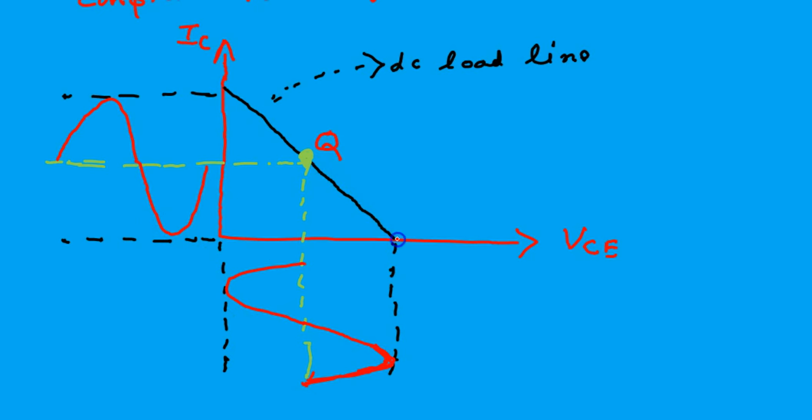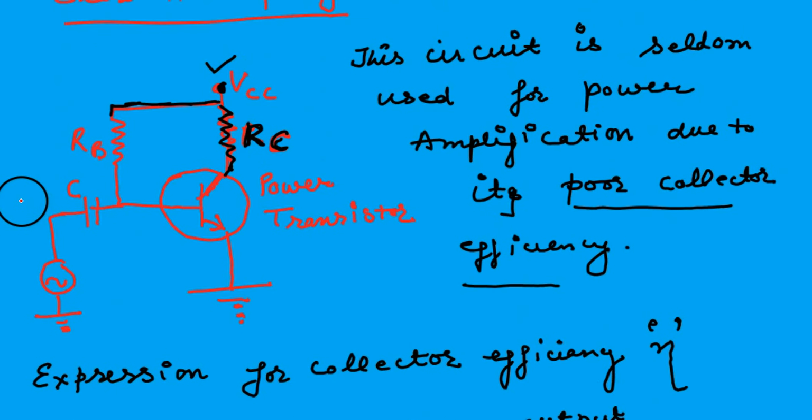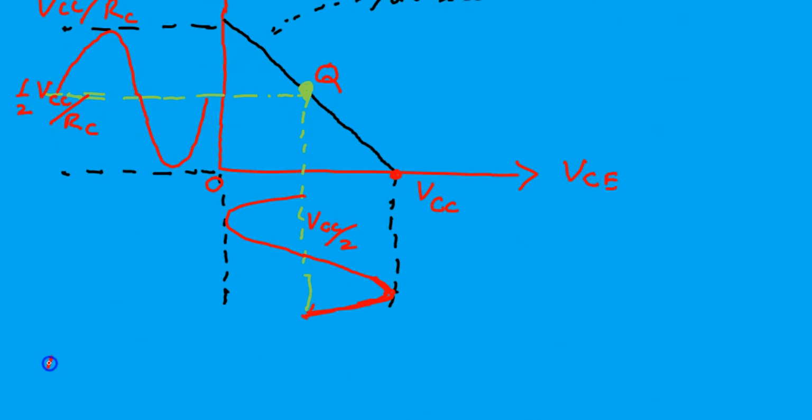This is the Q point. This value is VCC. This is half of VCC. This is 0. Now current is voltage over resistance, so VCC by RL. This is half of the current. VCC, not RL, RC, sorry. VCC over RC is IC maximum.